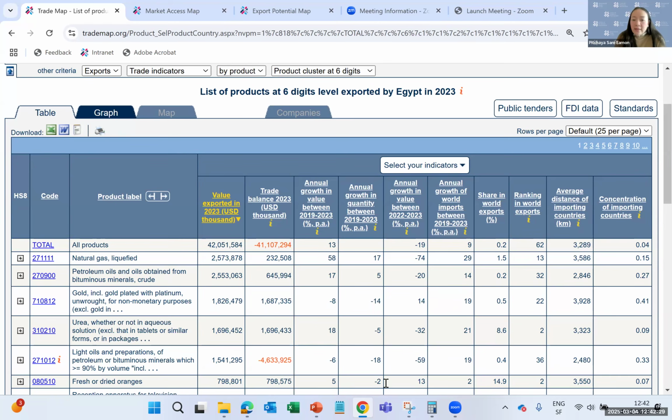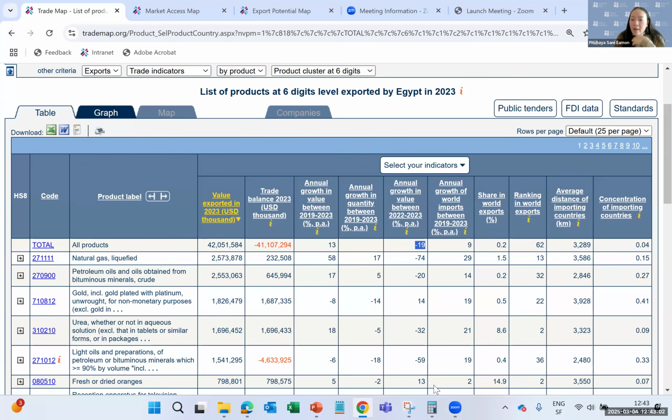Then you continue to look at the annual growth over the last 2 years, you see that the average is negative 19%. We discussed this before, that exports seem to have dipped for 3 main trading partners. So the average is negative 19, but fresh and dry orange export continued to grow strong and even grew stronger over the last 2 years than the last 5 years when you compare 13 with 15.